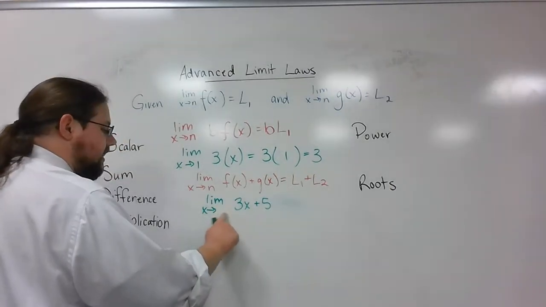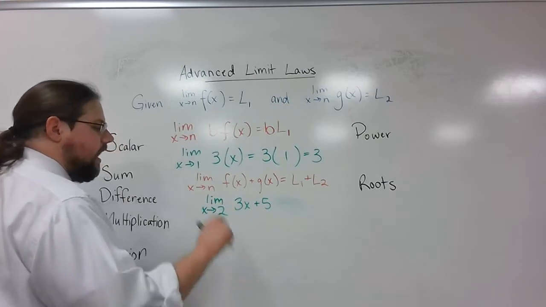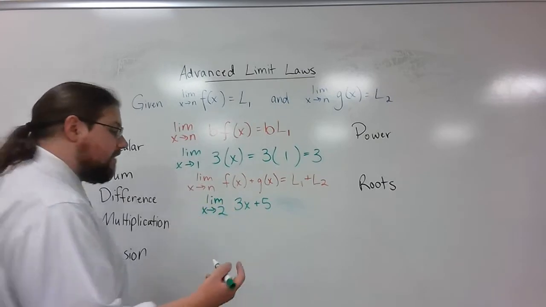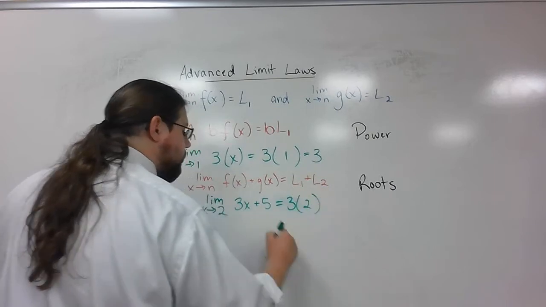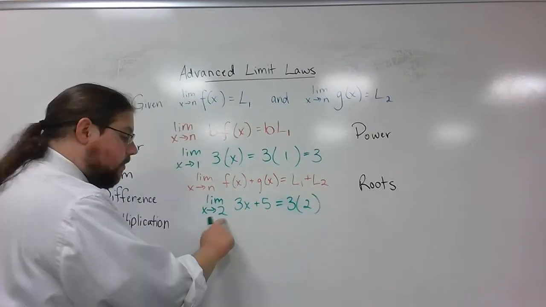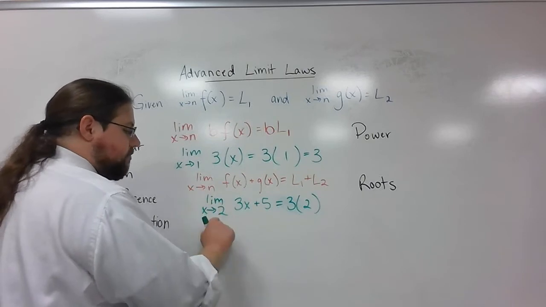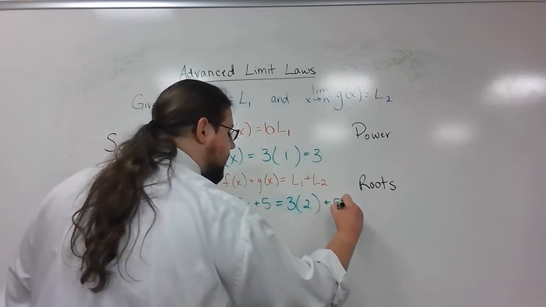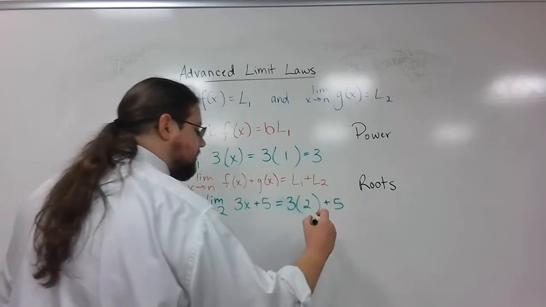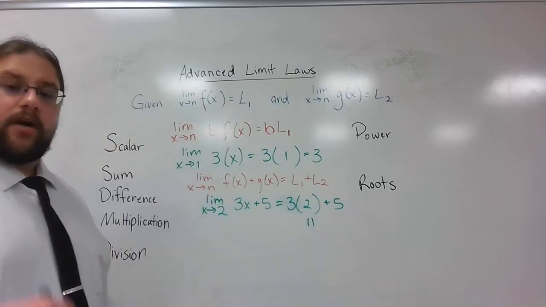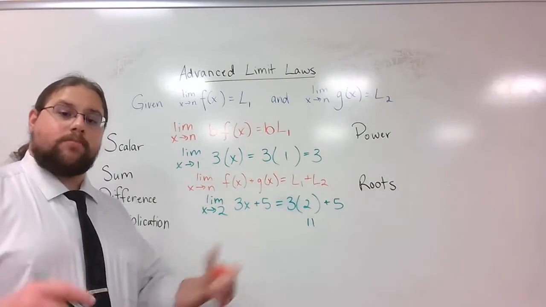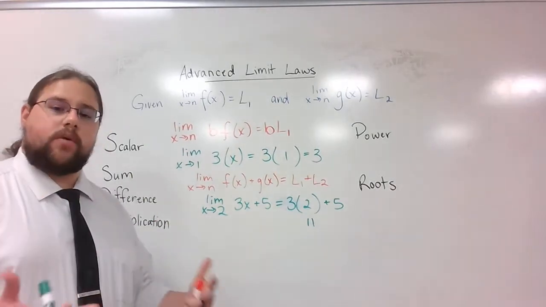I'm going to do 3 times 2, and the limit of a constant, no matter what this number is, the limit as x approaches 2 of 5 is just 5. So I'm going to do 3 times 2 plus 5, which makes 11. Okay? So notice I'm slowly building up more and more difficult functions, but it's still working out nicely.